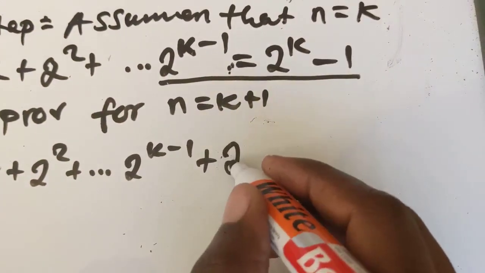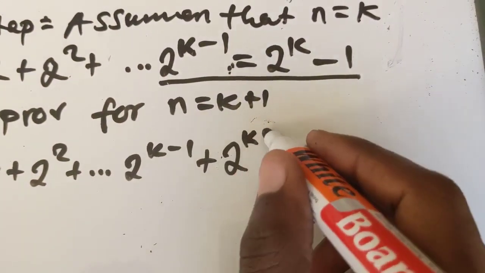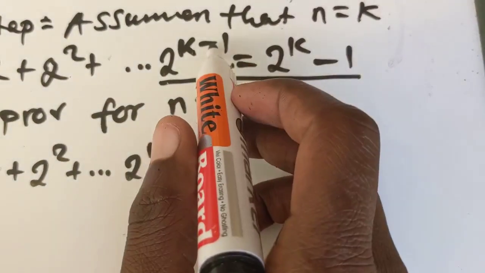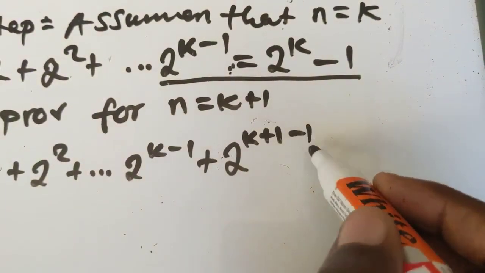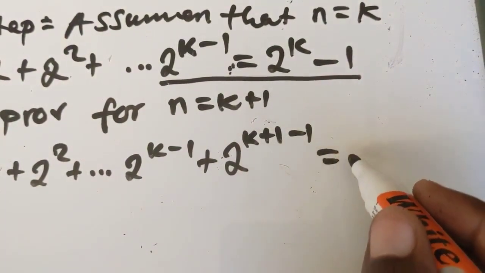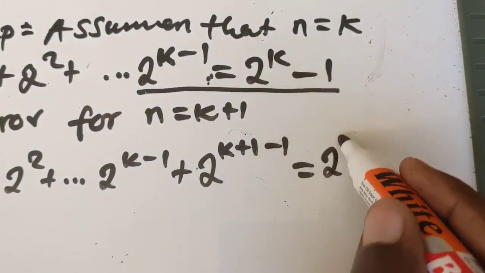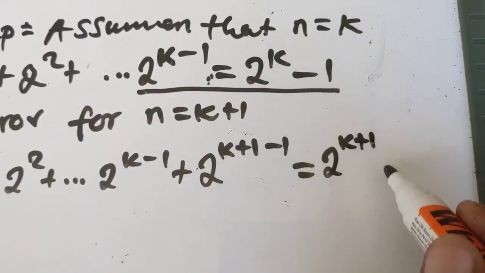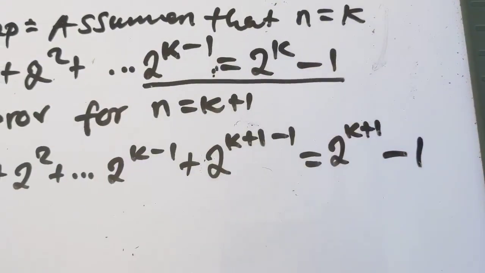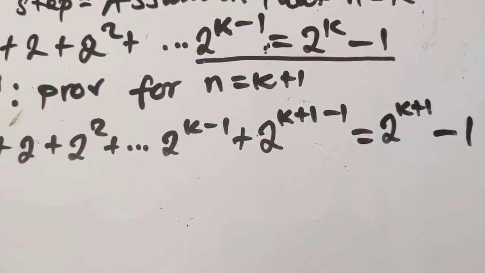So that is going to be 2 to the power k plus 1. Then what is remaining is minus 1. Then it is equal to 2 to the power k plus 1 minus 1. That is what to do.